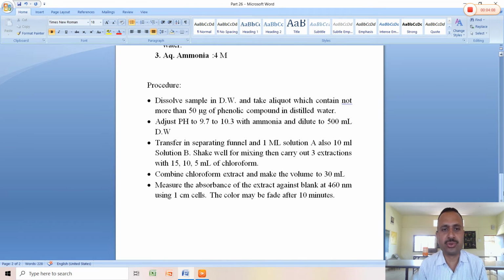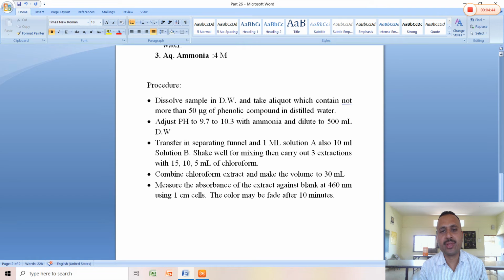Now what is the actual procedure involved in the determination of phenol? Dissolve the sample in distilled water and take an aliquot which contains not more than 50 microgram of phenolic compound in distilled water. Next, adjust the pH of the solution to about 9.7 to 10.3 with the help of ammonia.